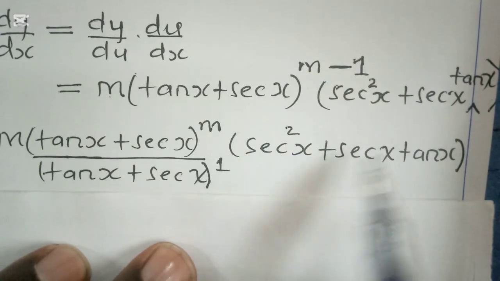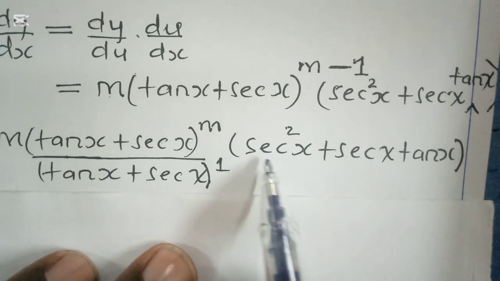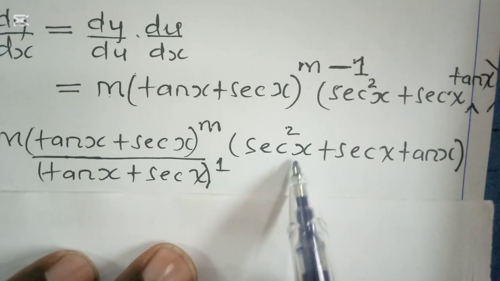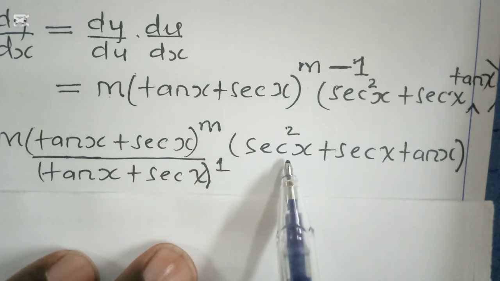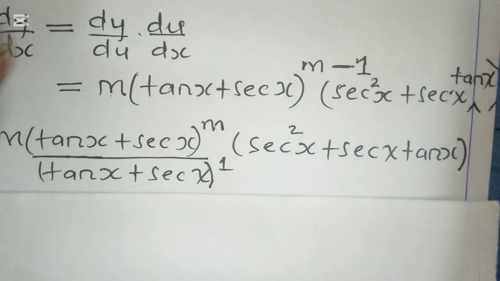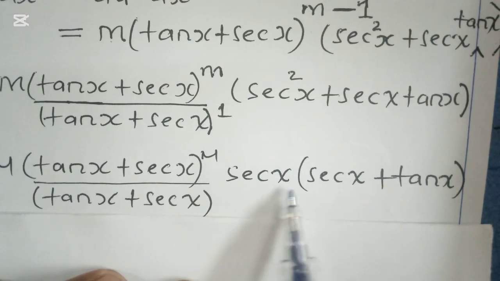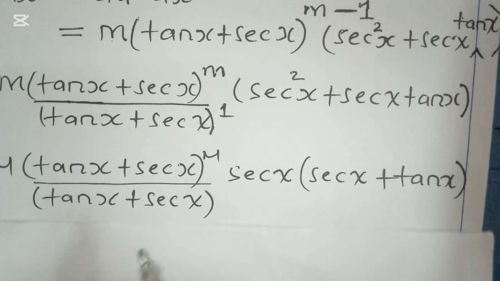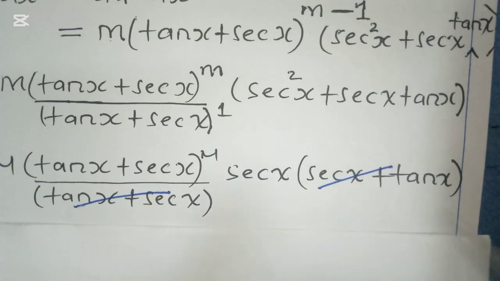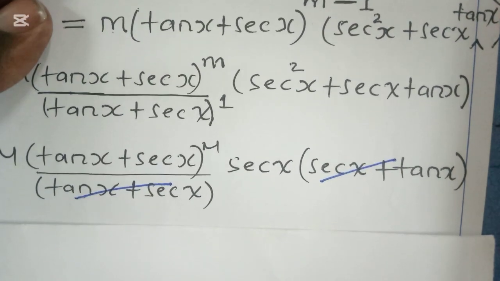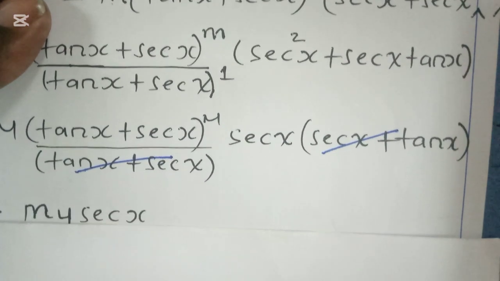When we factor out sec x, we shall be left with sec x plus tan x. And so we can cancel this and cancel that. So we are left with m (tan x plus sec x) raised to m multiplied by sec x.